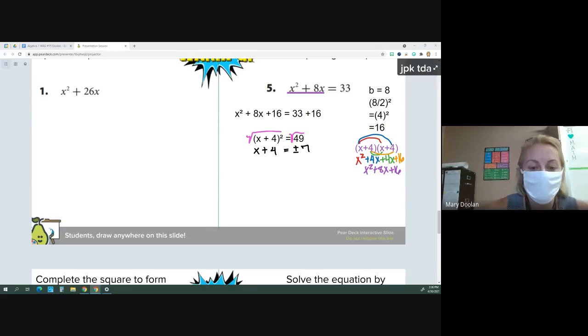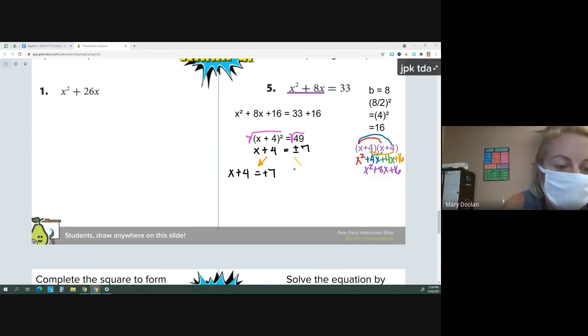Then we can take this and solve the two equations that pop up. Okay, one equation is x plus 4 equals positive 7. The other equation we get is x plus 4 equals negative 7.